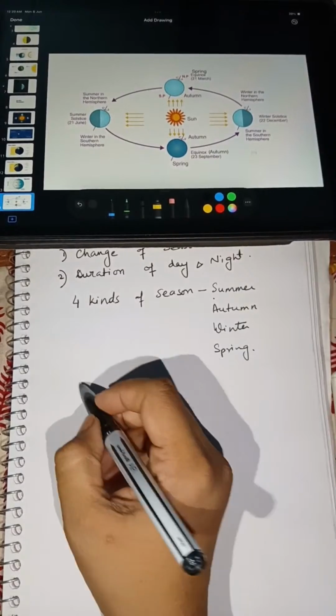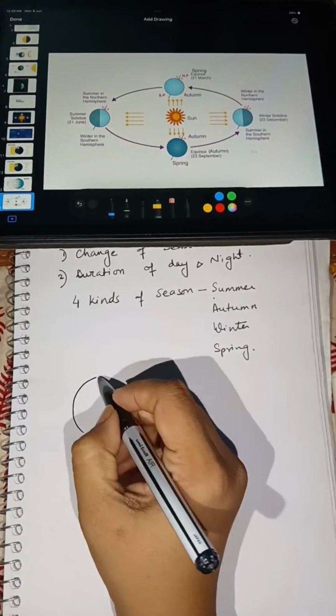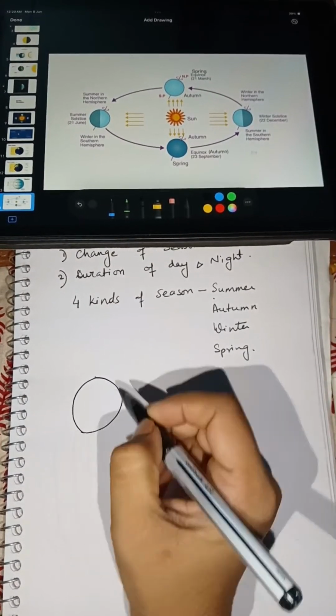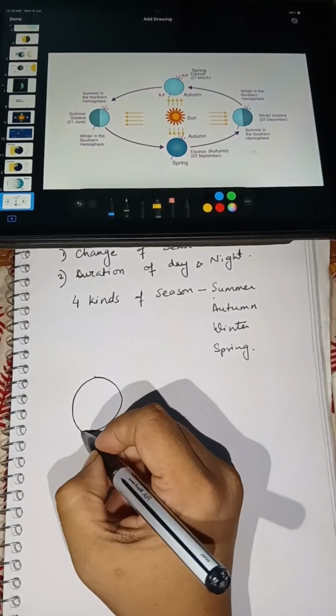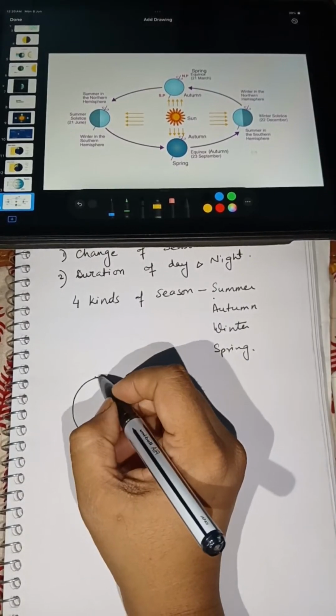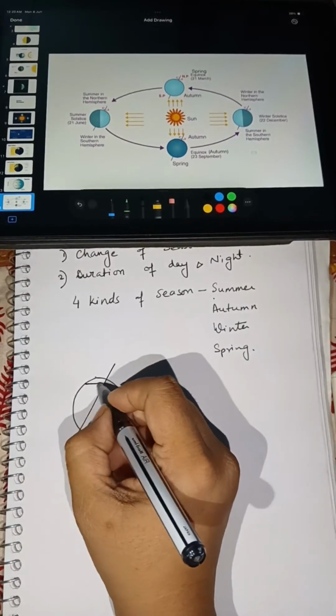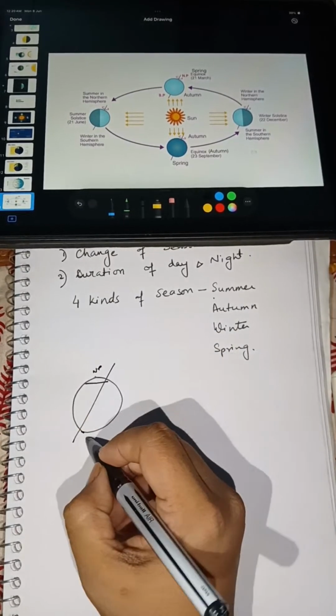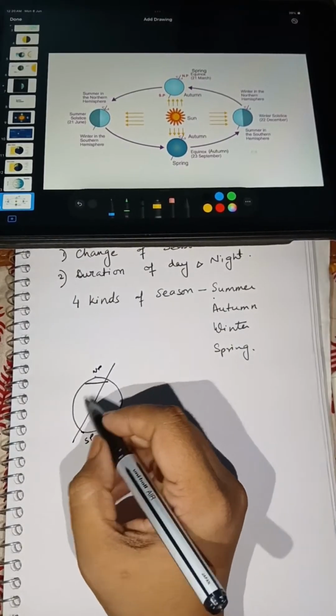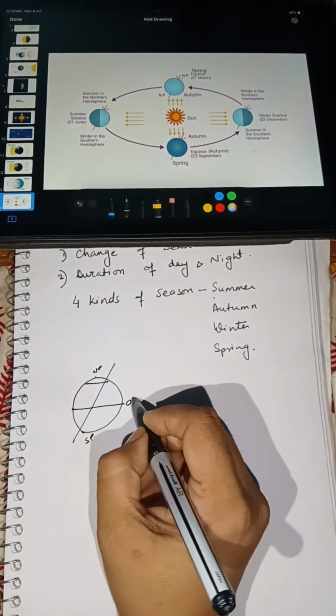If we take it like this, this is the earth, this is a freehand drawing, and the earth is tilted on its own axis. This is the north pole, this is the south pole, and this is the equator.